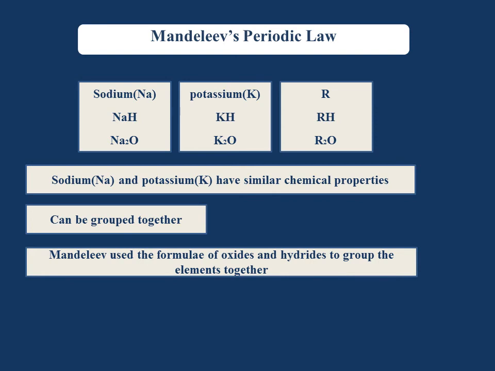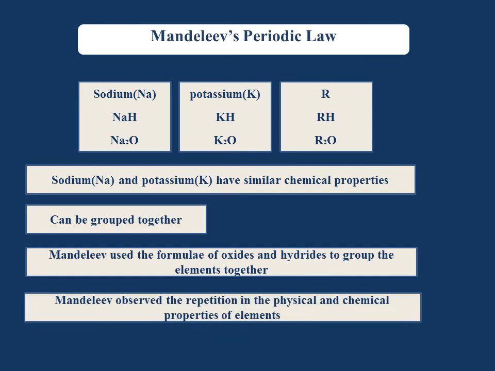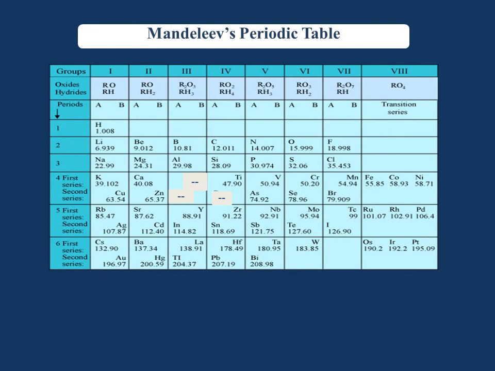Mendeleev used the formulae of oxides and hydrides to group the elements together. Mendeleev observed the repetition in the physical and chemical properties of elements. He arranged the elements in a table like that. The formula of the oxide and hydride formed by the element was the basis for the grouping.